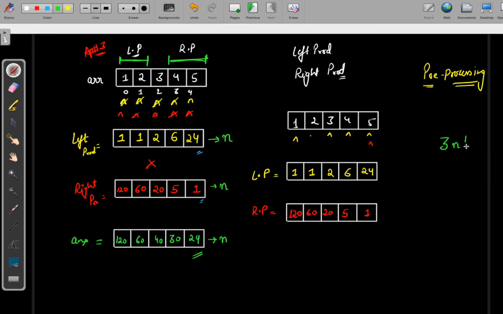And again, for these 3n times, the time complexity will be big O of n, because you can simply ignore the constant. And your space complexity will also be big O of n. So here you have created this much space for left product, right product, and your answer array, your resultant array.